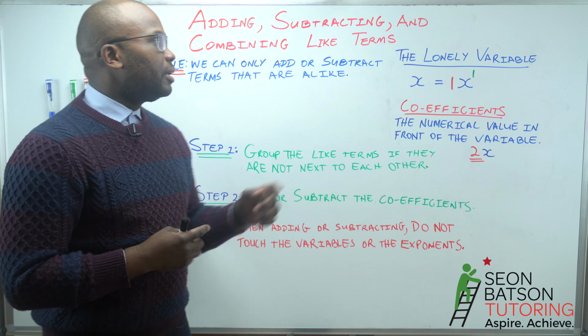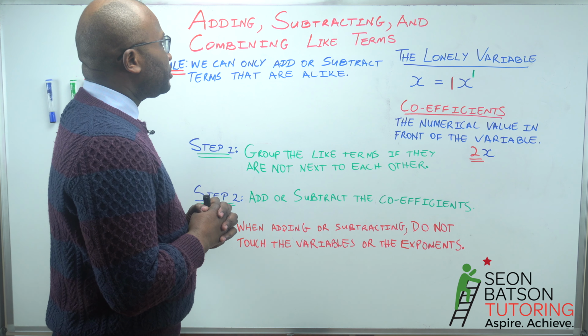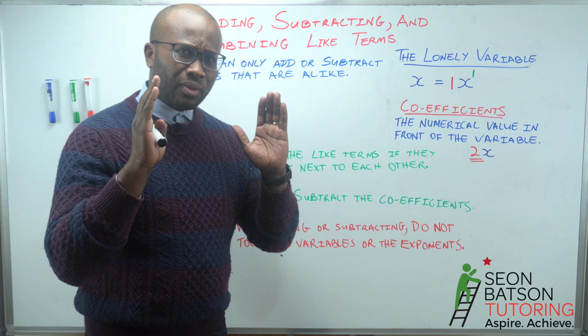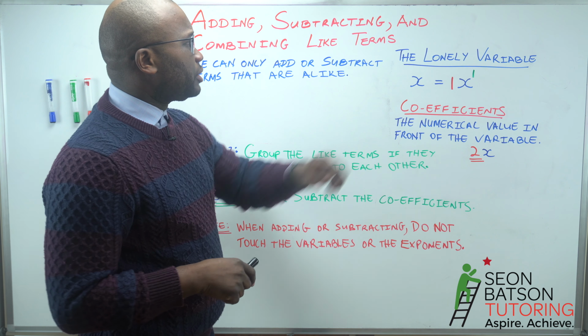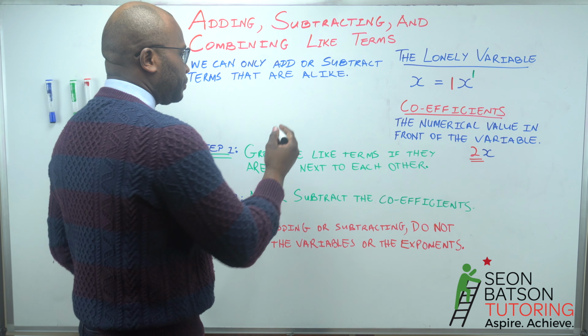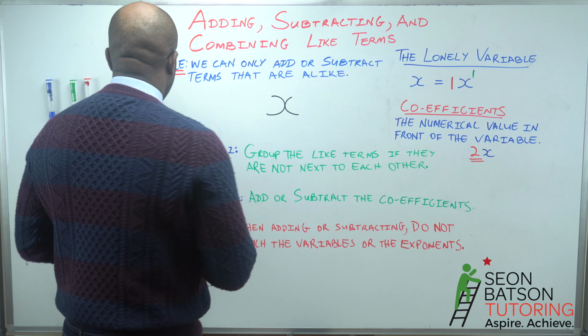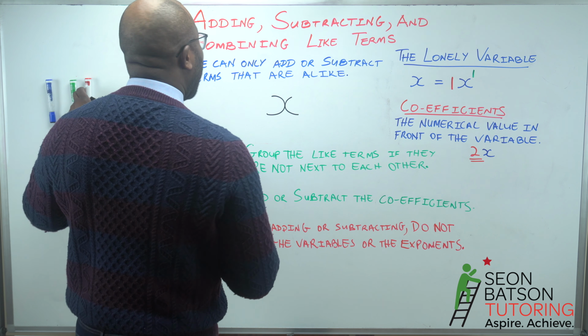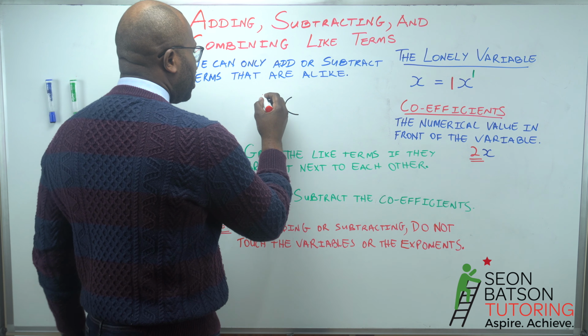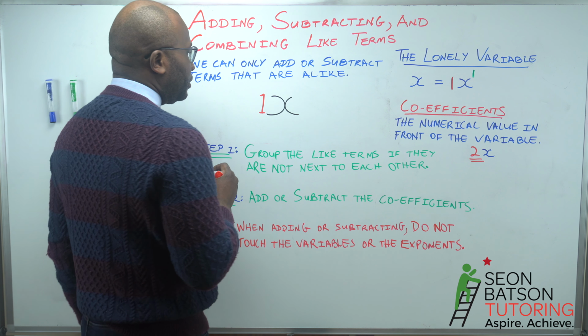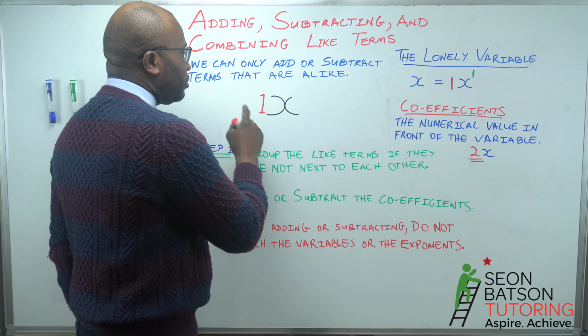Now, before we begin to add and subtract like terms, I want to talk about something very important. The lonely variable. Whenever a variable is by itself, there are two things missing, or two things hiding. One is the coefficient. The coefficient will always be 1.